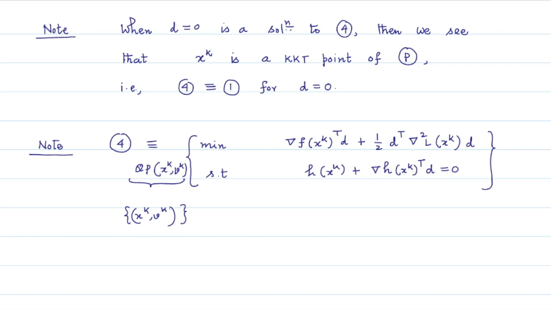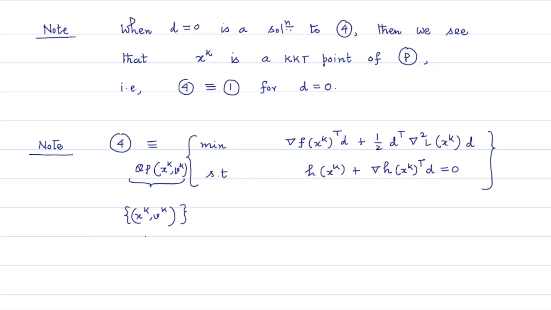This process of finding this sequence and thereby at the end of the day, after finding dk equals to a null vector and then stopping the process, this entire process is named as sequential quadratic programming technique to generate this sequence to solve the original problem capital P. We will write this entire process in the sequential quadratic programming algorithm stepwise to solve the problem capital P after a while. But before that, let me consider two more notes to be written over here.